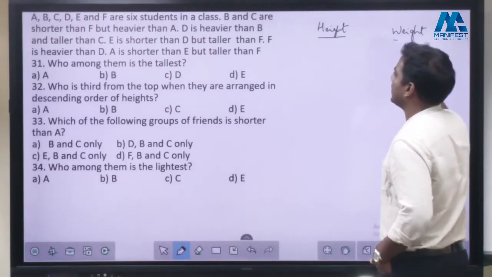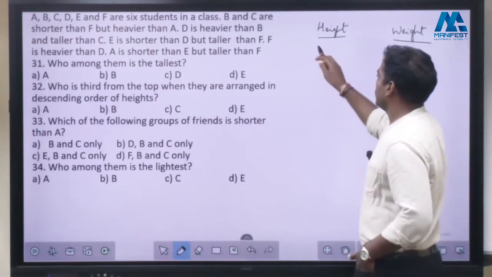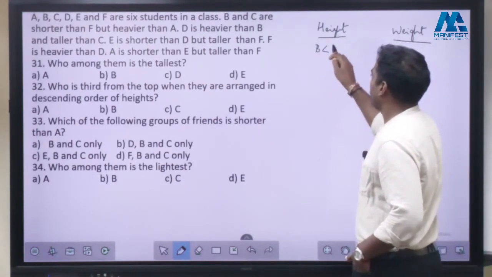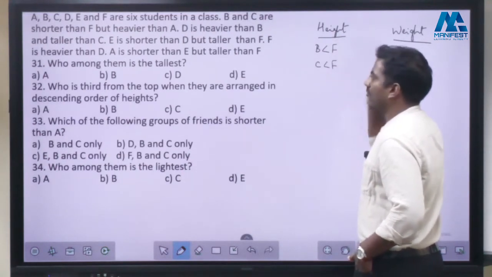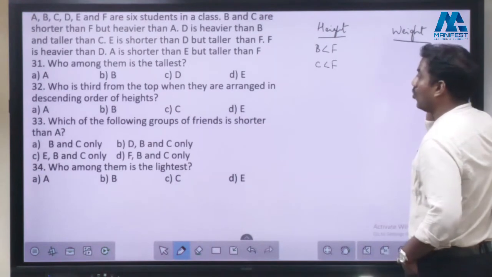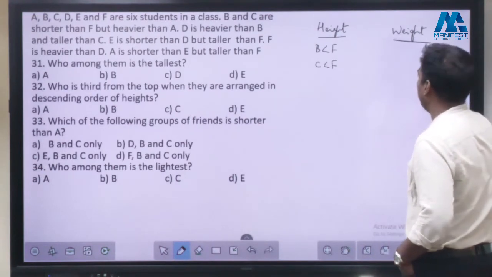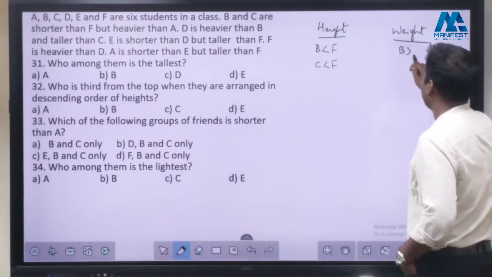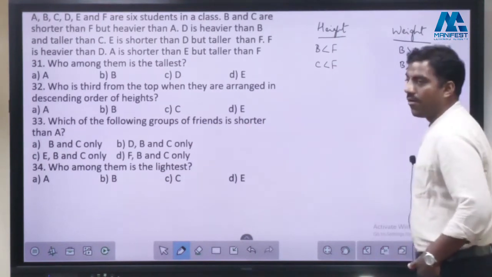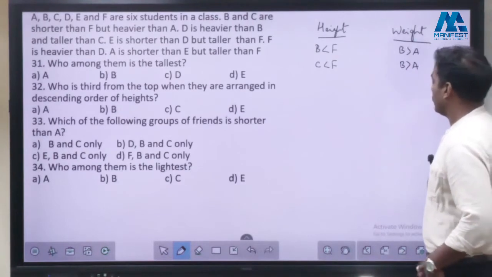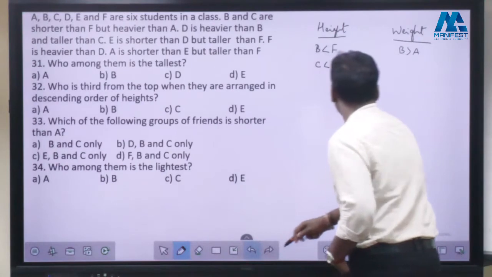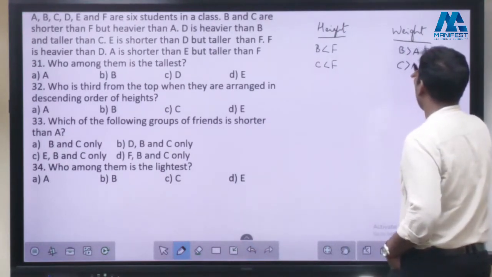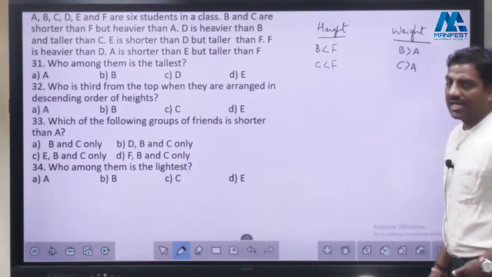B and C are shorter than F. B is shorter than F and C is also shorter than F. But heavier than A. B and C are heavier than A.